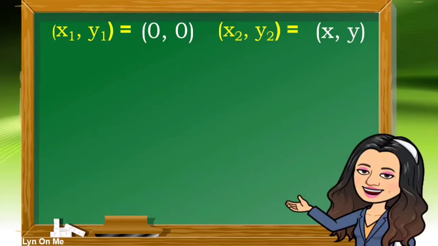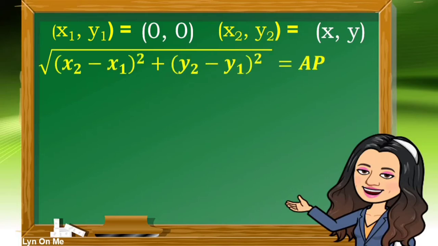Let us represent the first point as point (0, 0) and the second point as point (x, y). And to find the distance between these 2 points, it is given by the equation the square root of the square of the quantity x sub 2 minus x sub 1 plus the square of the quantity y sub 2 minus y sub 1, which is equal to segment AP.